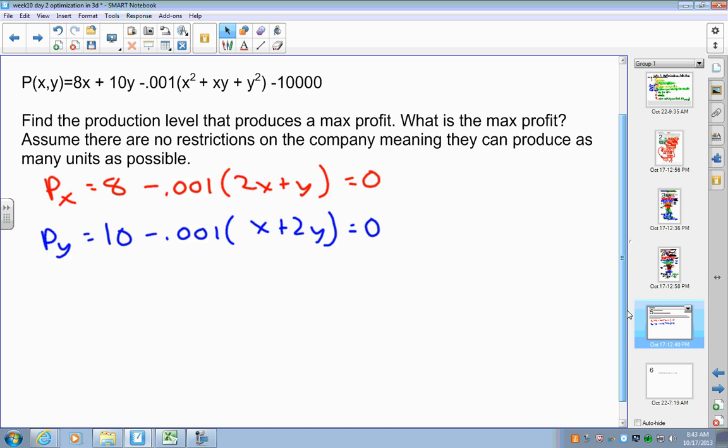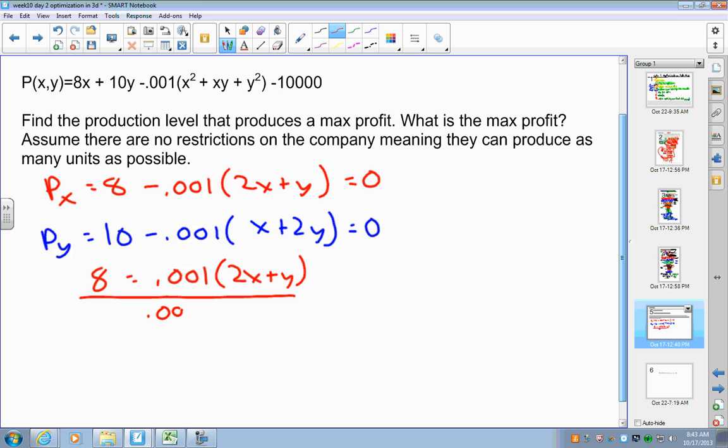Okay, so I would probably go with this and get 8 equals 0.001 times 2x plus y. Let's divide by the 0.001, and I get 2x plus y equals that thing, which has lots of zeros when I divide it. 8 divided by 0.001 is 8,000.